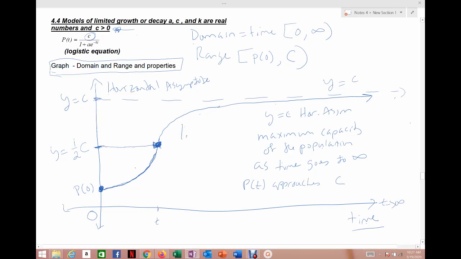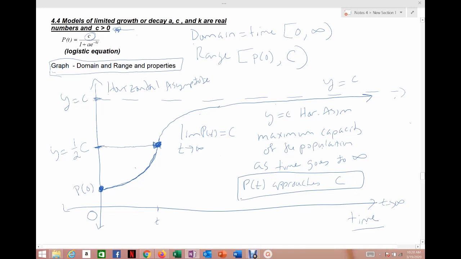The limit as time goes to infinity of our logistics curve equals c. That's the limiting value. As time goes by, the population will approach c, as close as anybody could ask me to get, that we call it c. C will be where it'll max out.